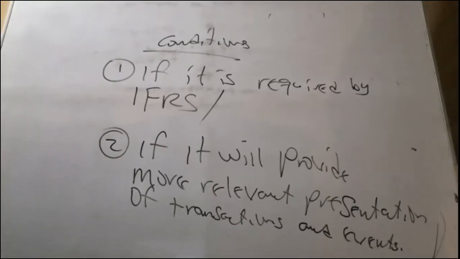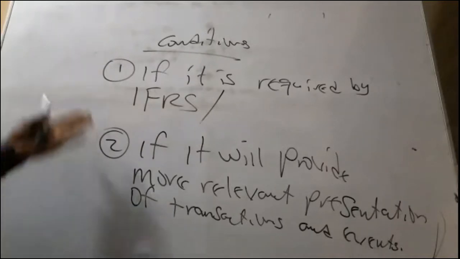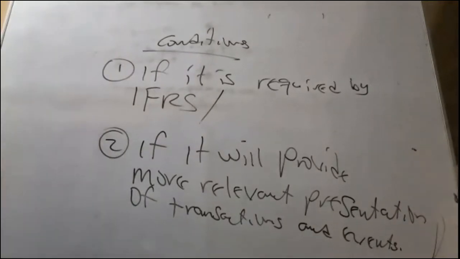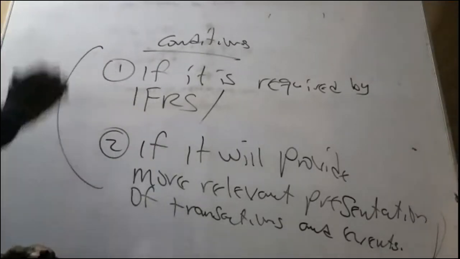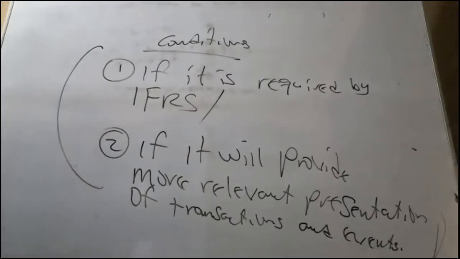So these are the only two conditions stated specifically in IAS 8 under which you can change your accounting policy. The accounting policy, once selected, must be kept the same from time to time to enable comparability. There must be consistency in the policy, unless there's a need for it.